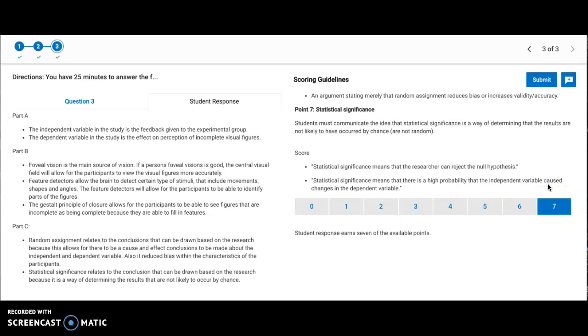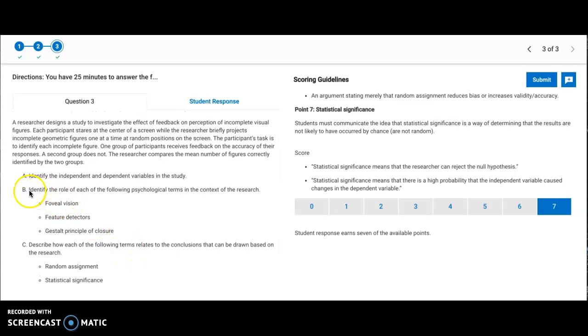So, okay. The next part of the question asks to identify the role of each of the following psychological terms in terms of the context of this research: foveal vision, feature detectors, and the Gestalt principle of closure. Okay, so quick plug before I go on with this.